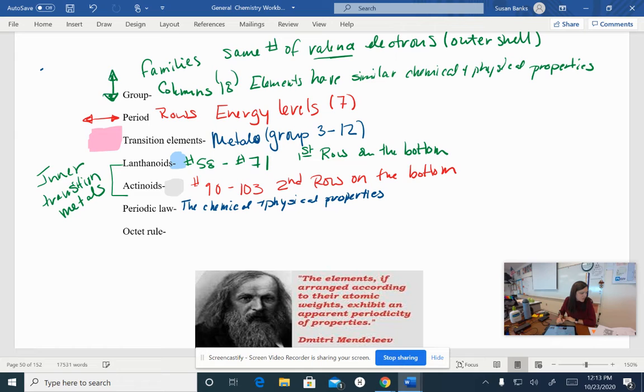So the chemical and physical properties of the elements recur or repeat periodically when elements are arranged according or in order of atomic numbers.